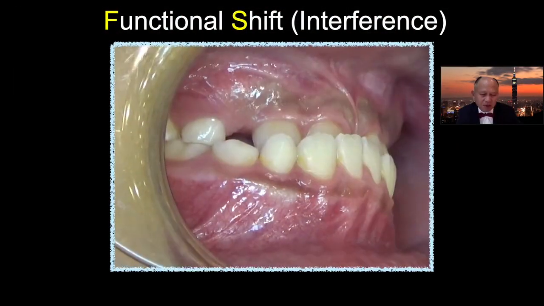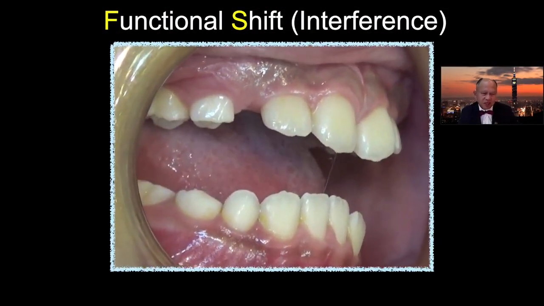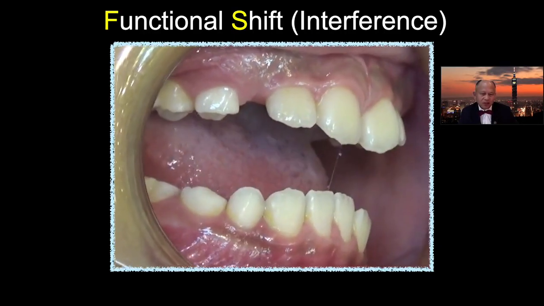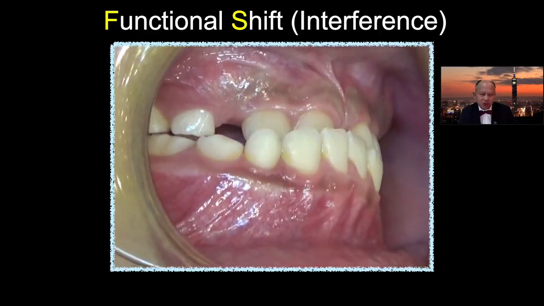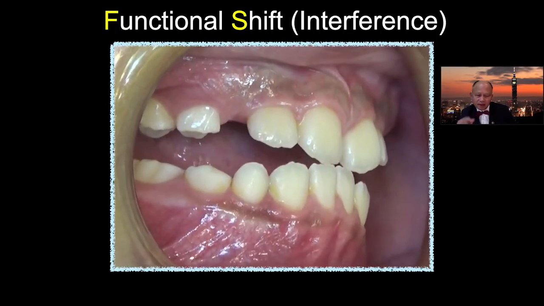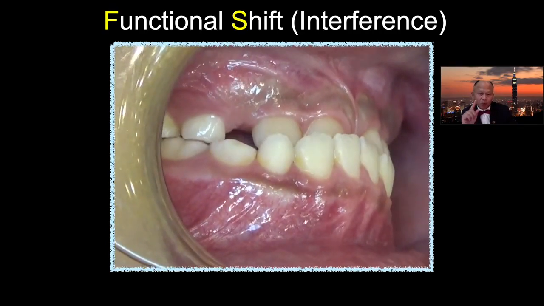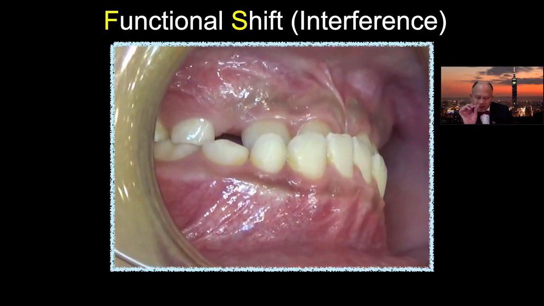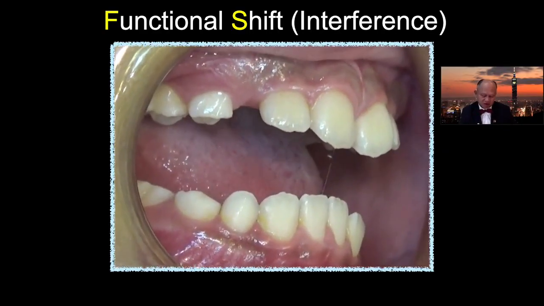And let me show you the video. You'll be able to see when he hits the right central incisor and then shifts to the right-hand side. That's why the incisal edge of the right central incisor has an attrition mark.